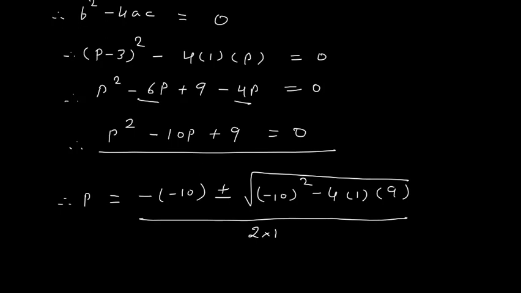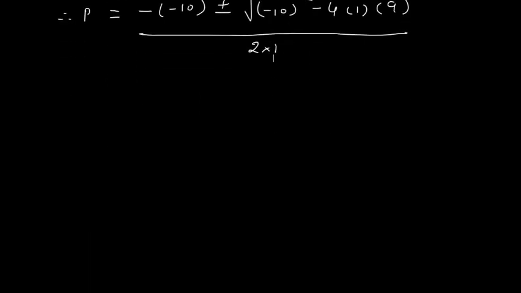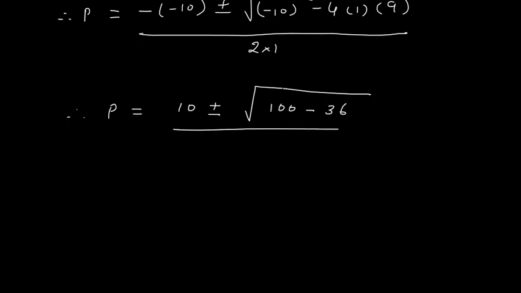So therefore the value of p is 10 plus minus square root of 100 minus 36, whole divided by 2. So this is 10 plus minus, 100 minus 36 is 64, and square root of 64 is 8, divided by 2.